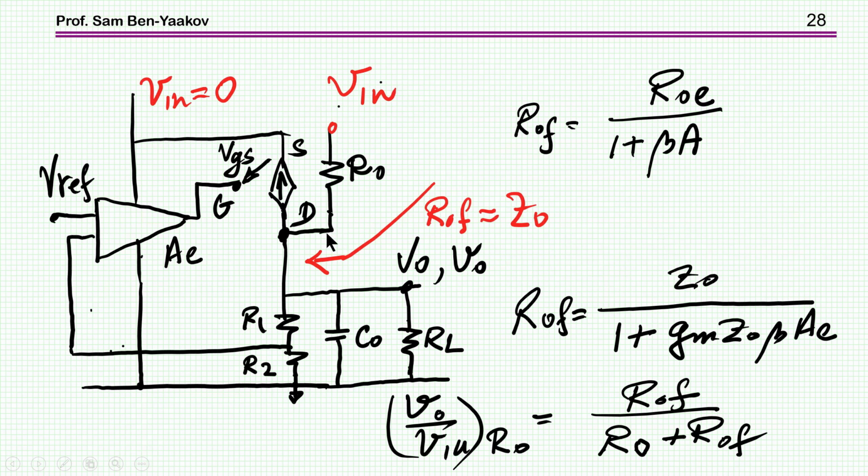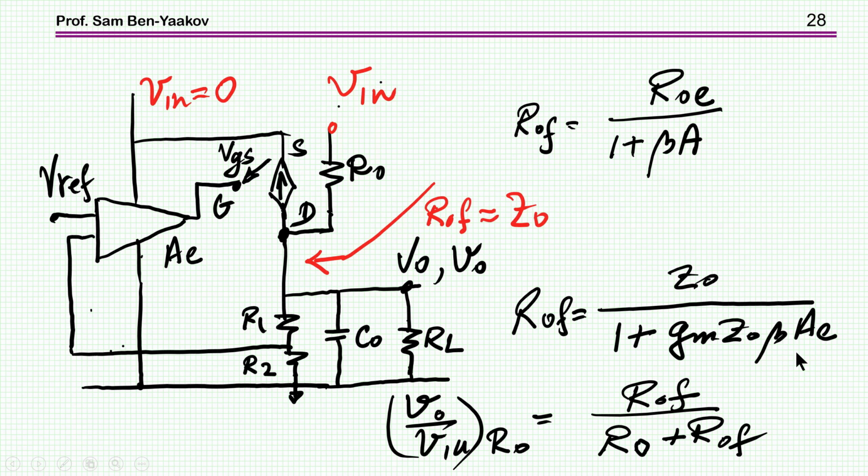If you inject a signal here, obviously the voltage at the output depends on the impedance that you can see here. Now this is the output impedance of a circuit in closed loop, and we know that the output impedance with feedback is the open loop impedance divided by 1 plus beta A.